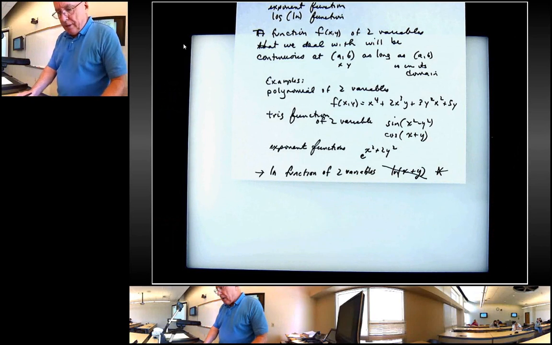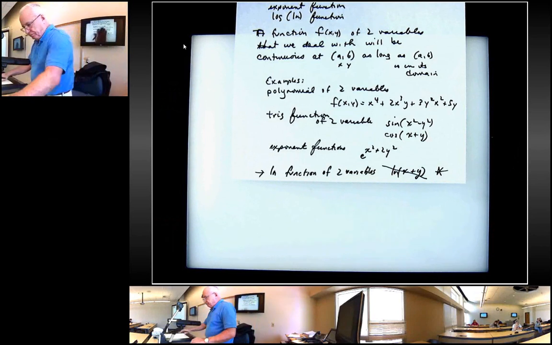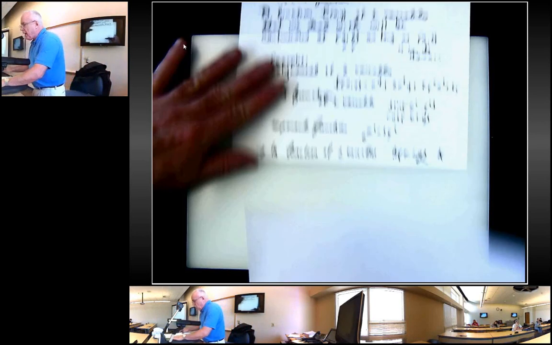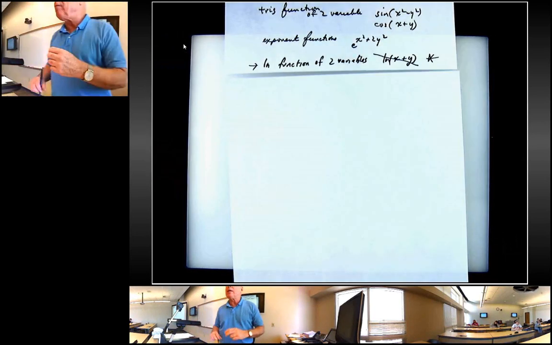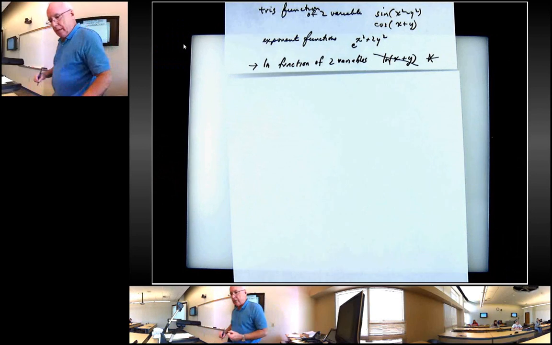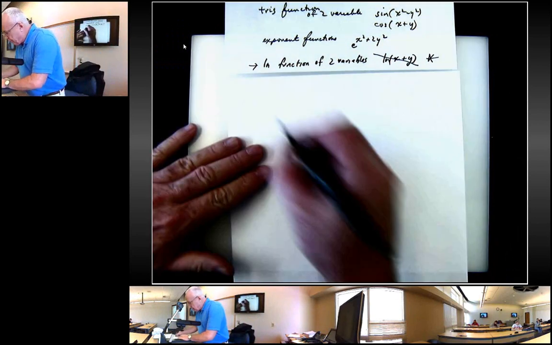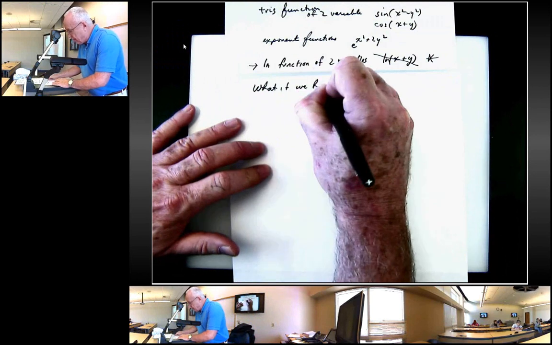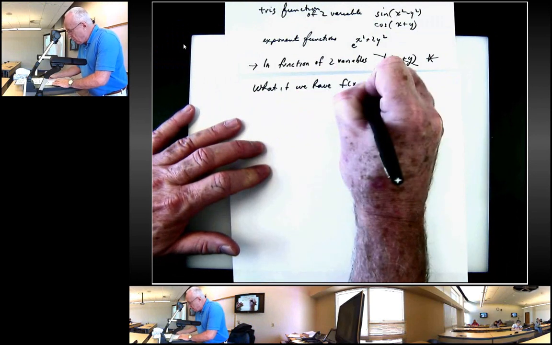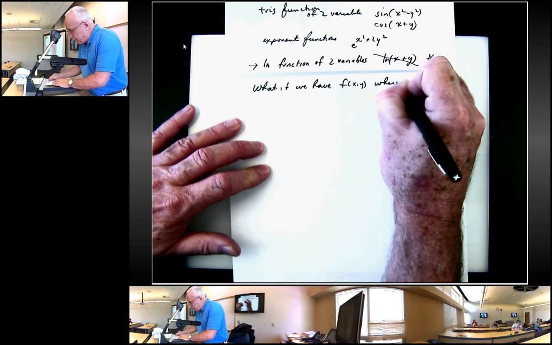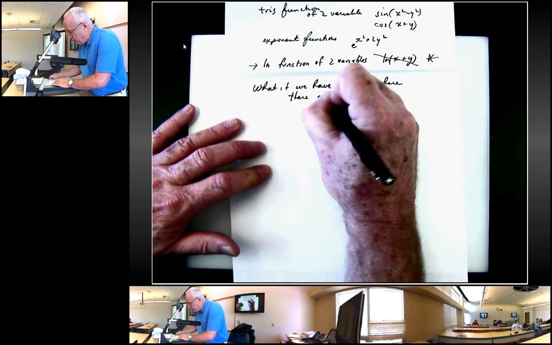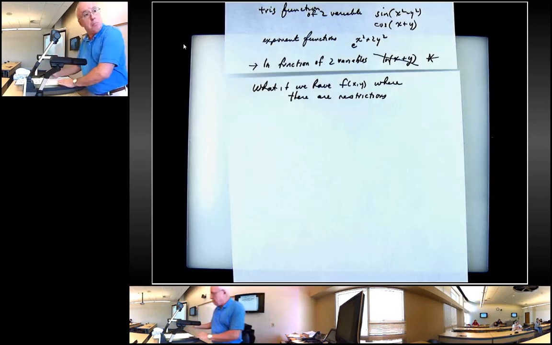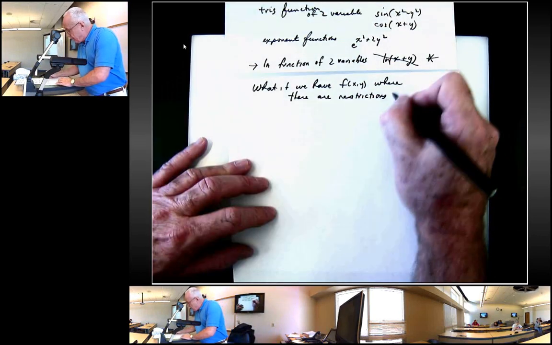Now, the problem here is what if we have functions of two variables that we have restrictions on their domains, okay? So what if we have f(x,y) where there are restrictions on the domain?